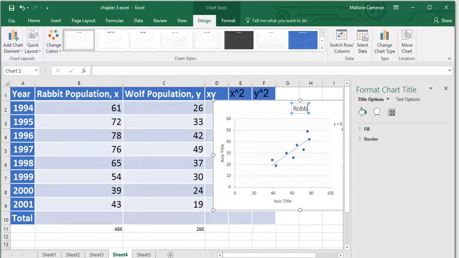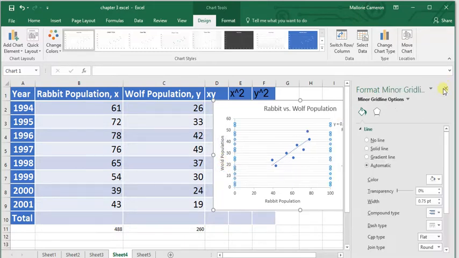So let's go rabbit versus wolf population, and then we'll just say rabbit population, and then up the side, wolf population. Here we go.